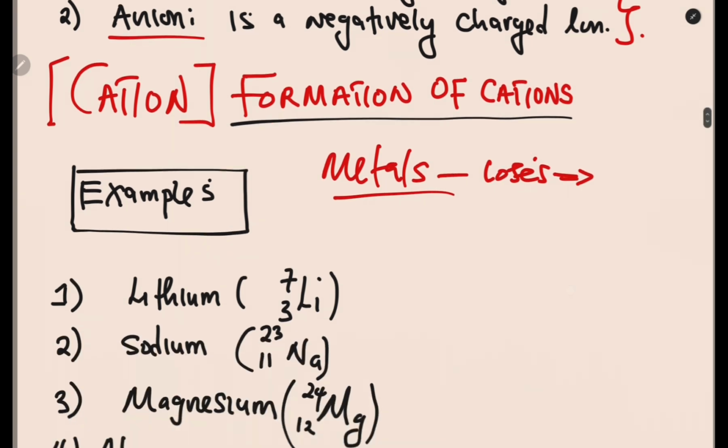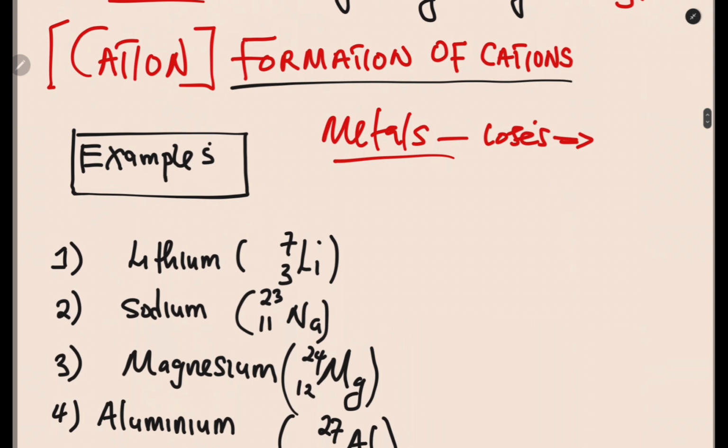Now, let us look at examples. The first one that we are going to look at is lithium. We are looking at the formation of a positive ion. The configuration of lithium is 2, 1. The first shell is stable because it has made the required number, which is 2. But the second shell is unstable.